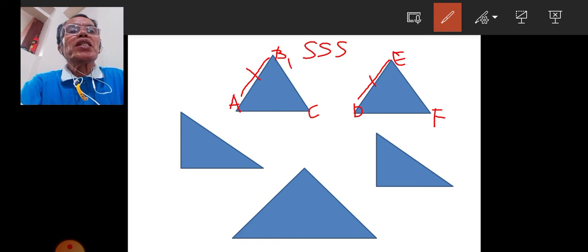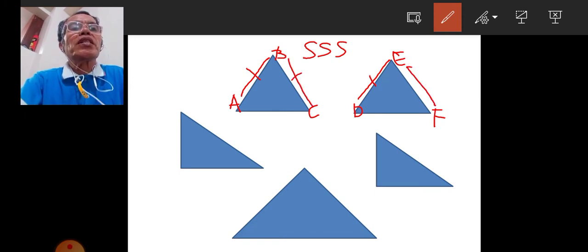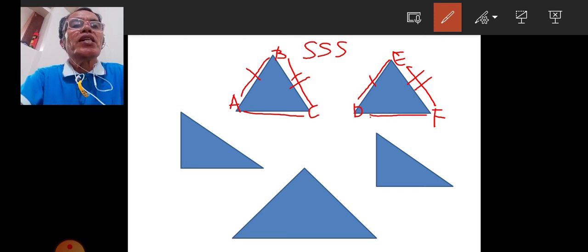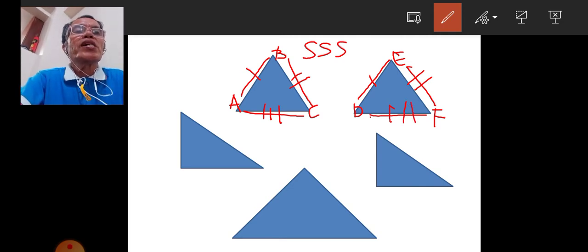If segment BC corresponds to segment EF, therefore BC is congruent to EF. If segment AC corresponds to segment DF, therefore segment AC is congruent to segment DF. So that is how we show the side-side-side postulate.